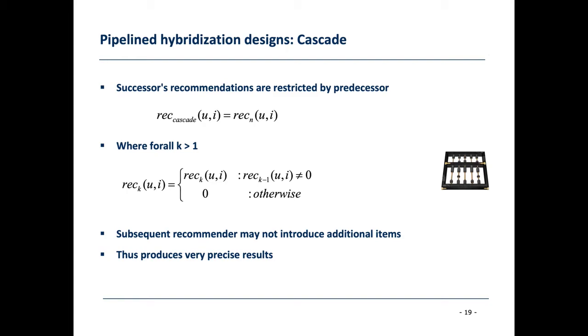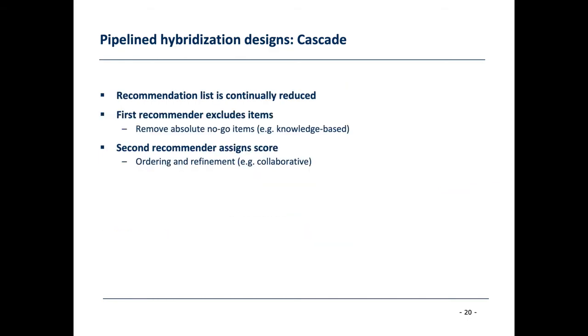The recommender can never introduce additional items. So the size of the set of recommendations at a particular point in the cascade will always be smaller than or equal to the number of recommendations that were made at the previous point in the cascade. The idea here is that we are very precisely refining what is presented to the end user. So it's continually reduced, and the idea is that we get rid of things which couldn't be of interest.